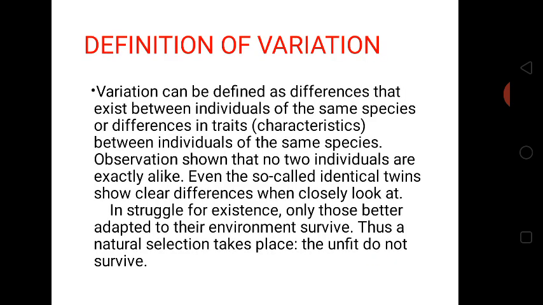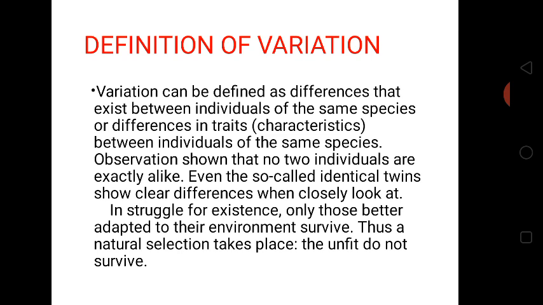Now let's define variation. Variation can be defined as differences that exist between individuals of the same species, or differences in traits or characteristics between individuals of the same species. Observations show that no two individuals are exactly alike.